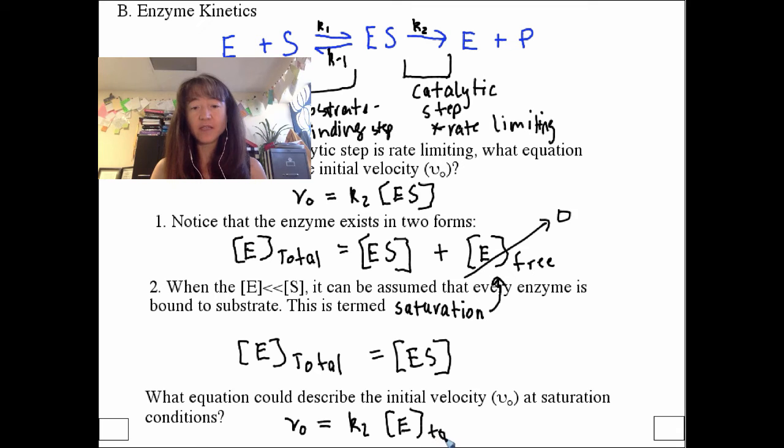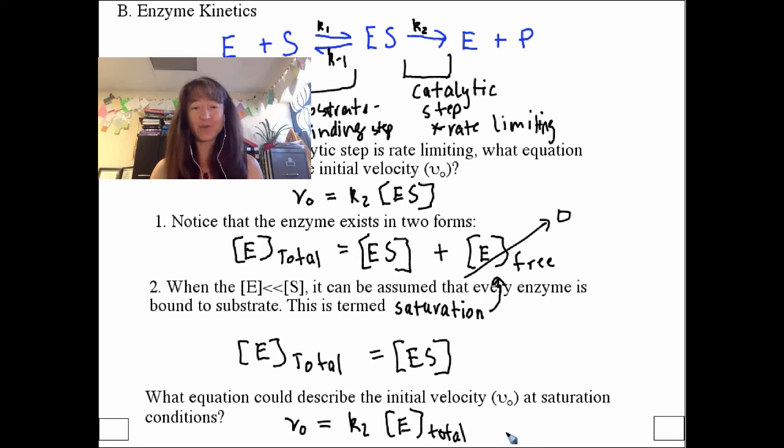And you can see how this is a much simpler thing to determine, because it's easy to determine the concentration of enzyme added to a reaction, but it's a little bit harder to know concentration of enzyme substrate. So this allows us an oversimplification. And of course also recognize that swamping the reaction in substrate would enable us to make this pseudo first order with respect to the first substrate binding step.